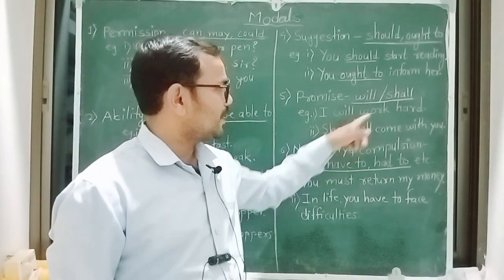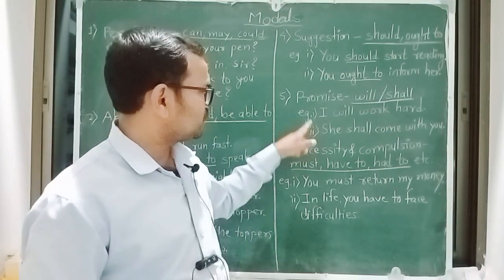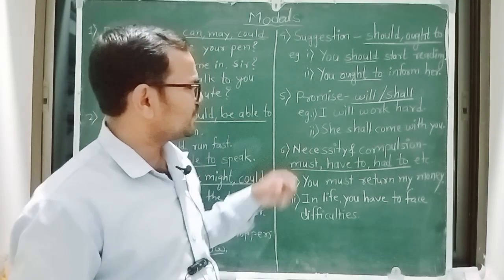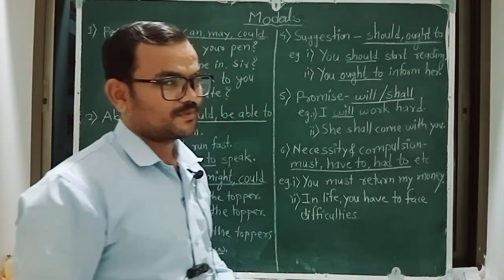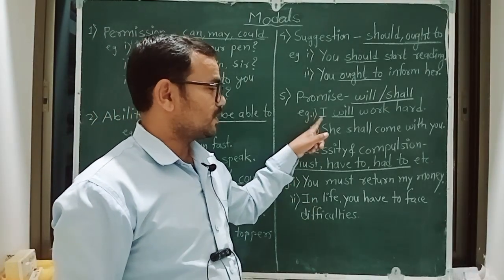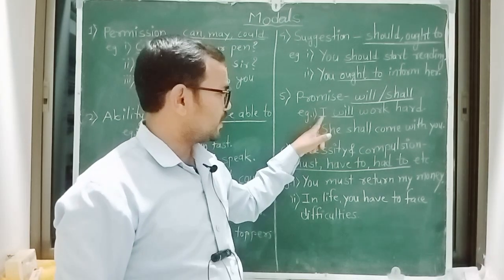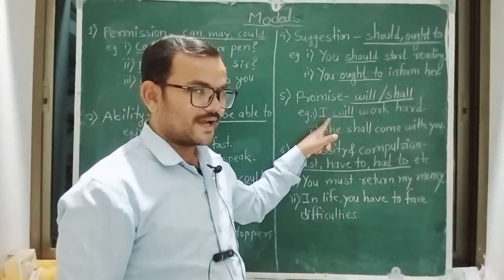Now the next category is modal auxiliaries expressing necessity and compulsion. There are three modal auxiliaries: must, have to, and had to, which express necessity or compulsion. The first example is: you must return my money. In this sentence, must is a modal auxiliary which indicates necessity.